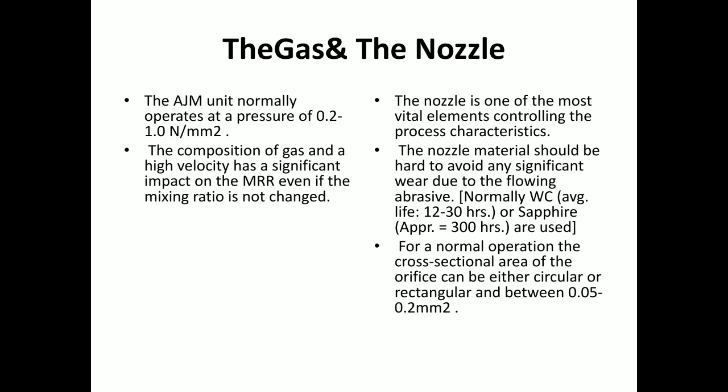For a normal operation, the cross-section area of the orifice can be either circular or rectangular, between 0.5 to 0.2 millimeter square. You can see the nozzle diameter is so small, the cross-section area is so small, so fine holes can be created on the workpiece with the help of abrasive jet machining.